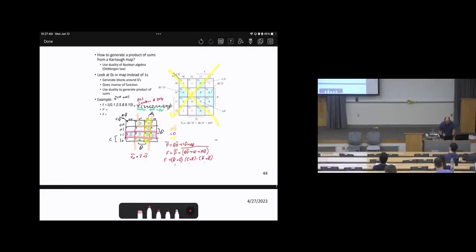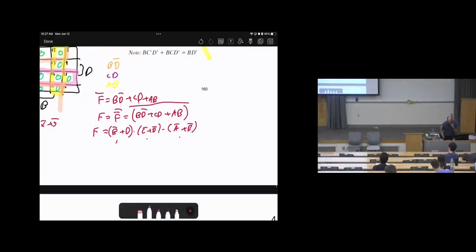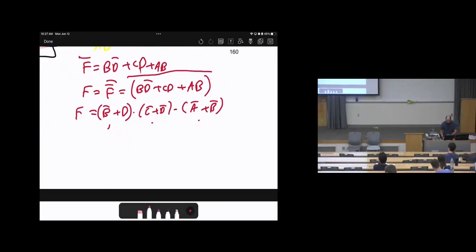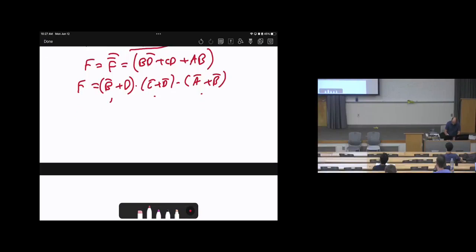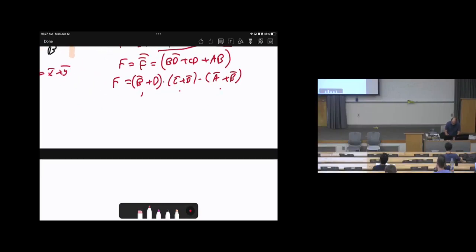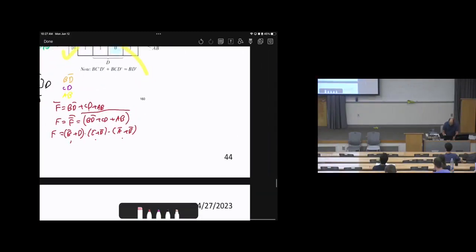Let's implement this function as a logic circuit. So here is B bar D, C bar D bar, A bar B bar. How do we implement this as a logic function? What I encourage you to do is to leave a space like this here.